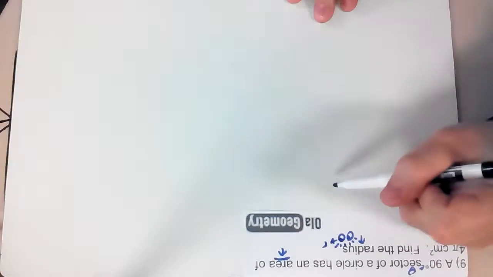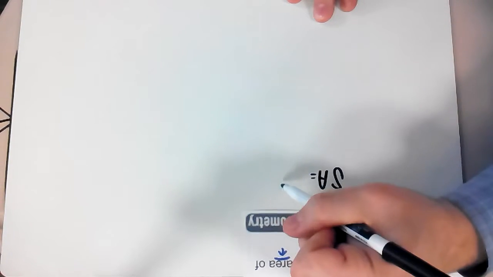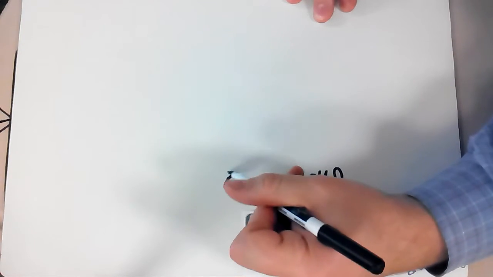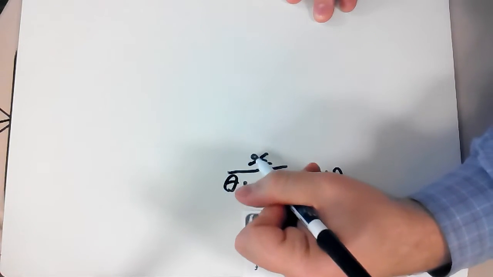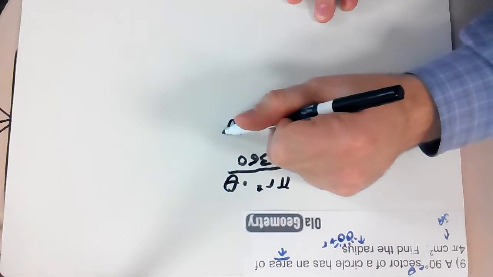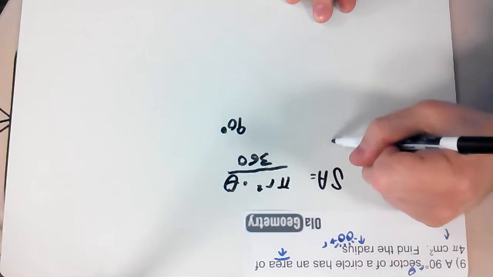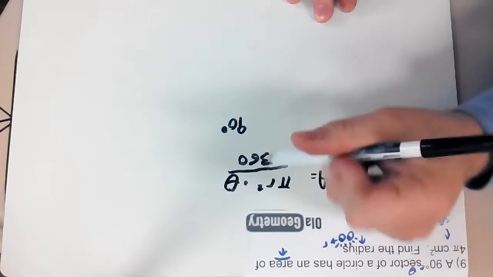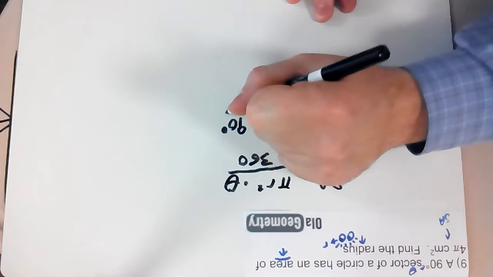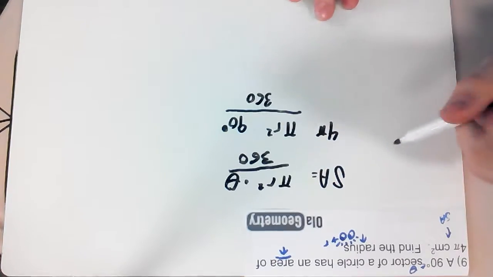The formula for sector area is SA equals pi r squared times theta over 360. Theta is 90 degrees. The area is 4 pi. And that's all we have because we're looking for R. Now I'm going to give you a hint here.